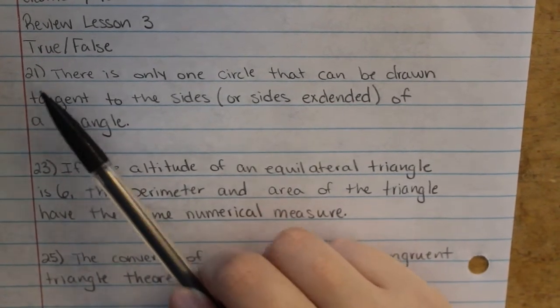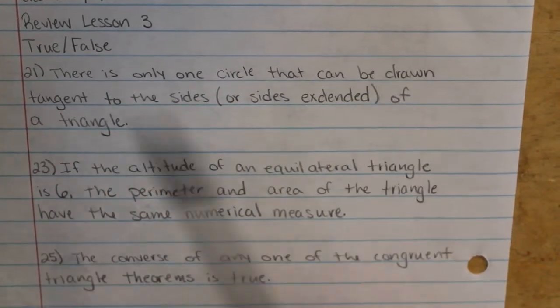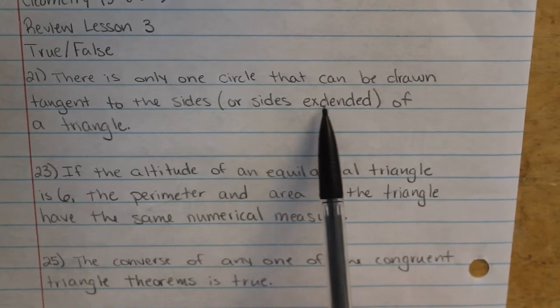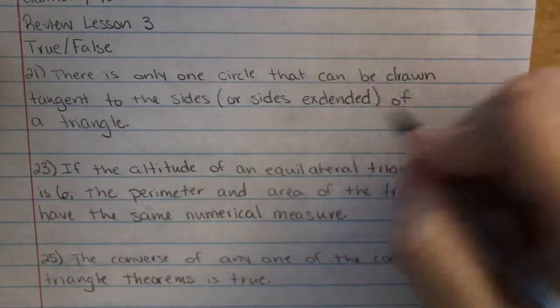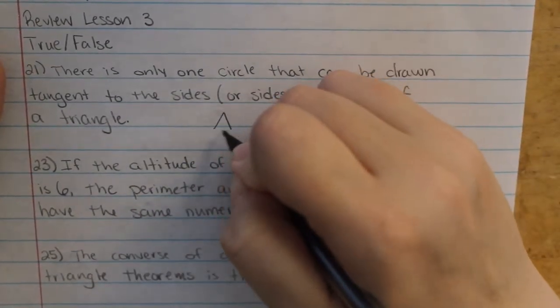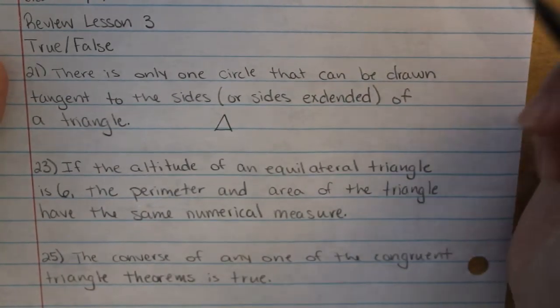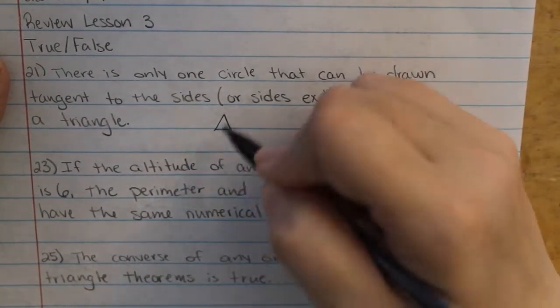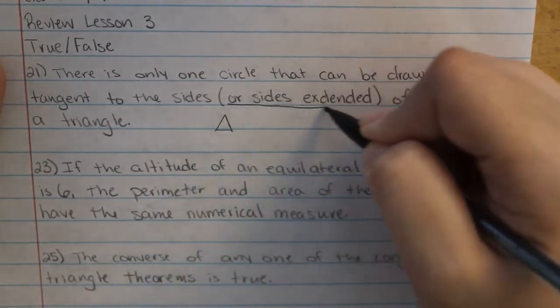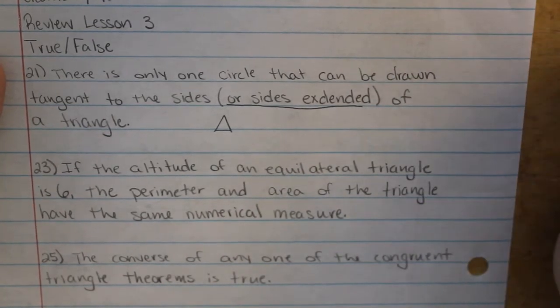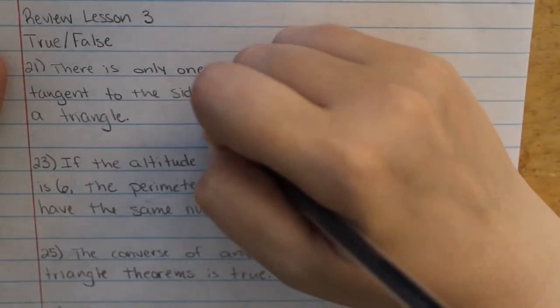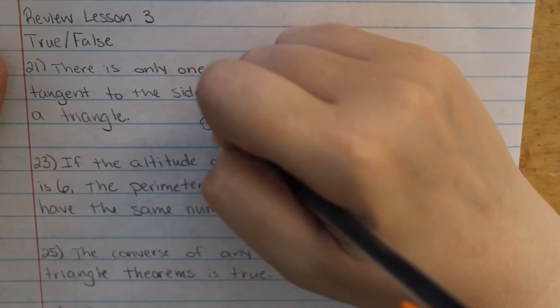Okay, so 21. There's only one circle that can be drawn tangent to the sides or sides extended of a triangle. Okay, so I'm going to draw a triangle. And I've got to draw something tangent to the side or sides extended of a triangle. Okay, so I'm going to draw a circle here. And I'm going to say that this is tangent.